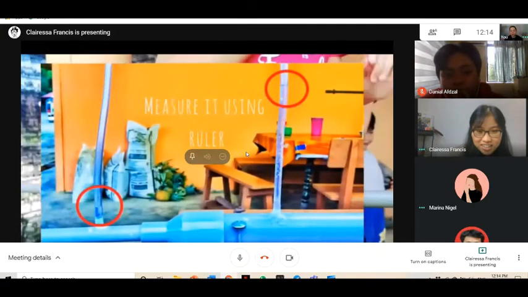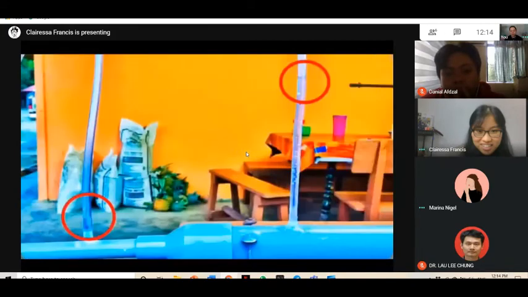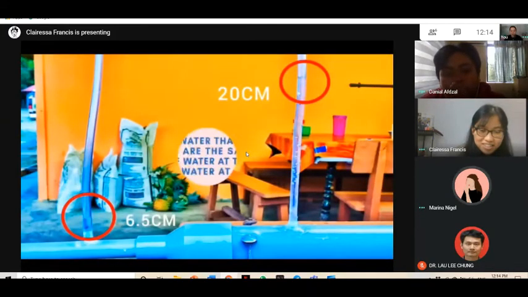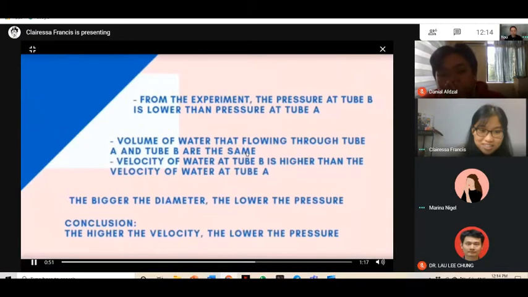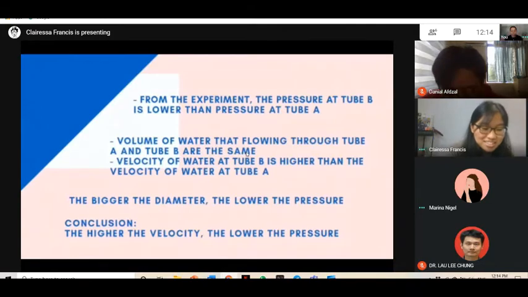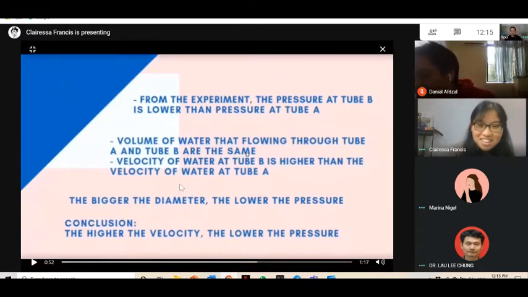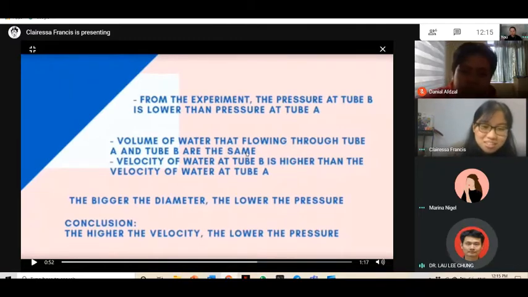Then measure the water level using a ruler. So from the experiment, drag to 15 seconds.